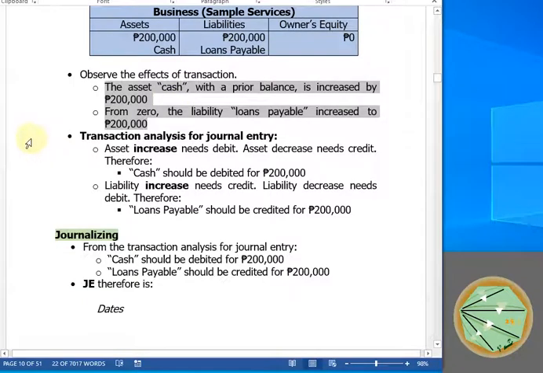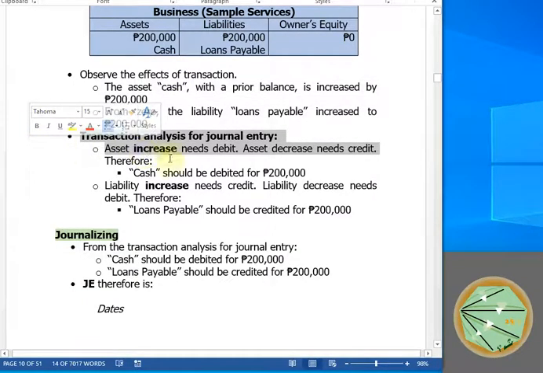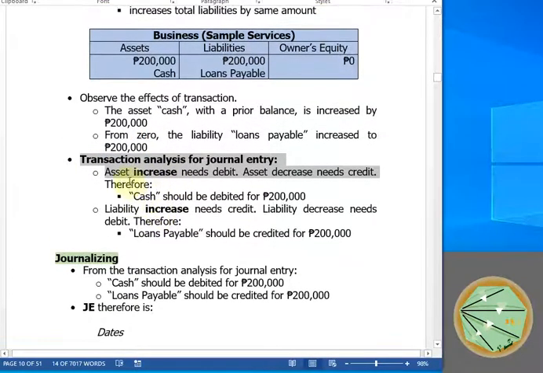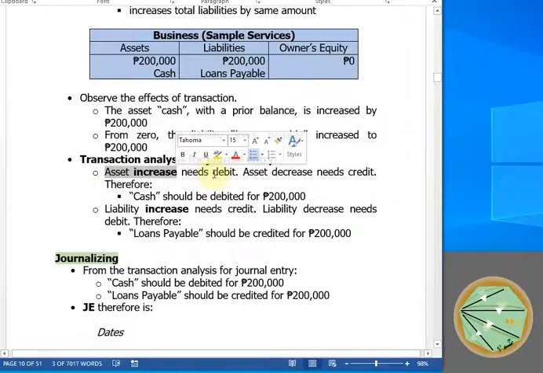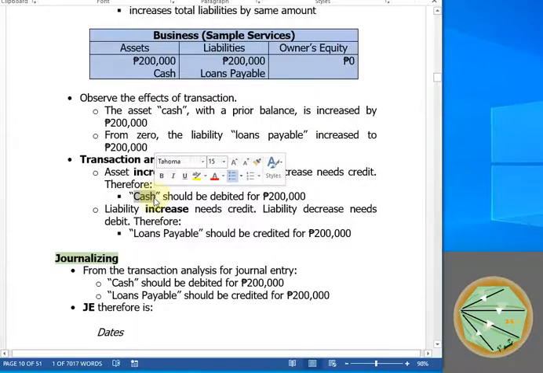So now we go to our transaction analysis for the journal entry. Again applying the rules on normal balance. Remember again that when we increase an asset, we need to debit the asset, and therefore cash, because cash increased here and cash is an asset account, therefore we debit cash for 200,000.